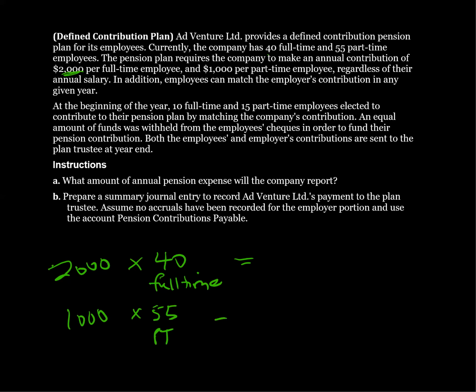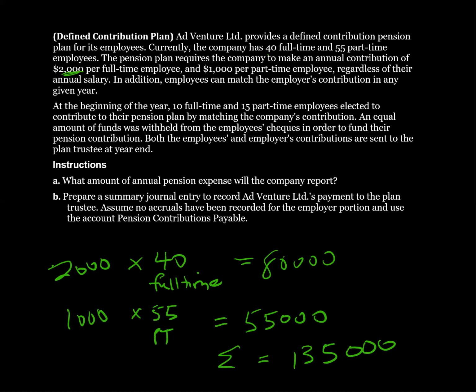So that is going to give us the total of those two. This is going to give us 80,000, and this is going to give us 55,000. So the sum of these two is going to equal 135,000.